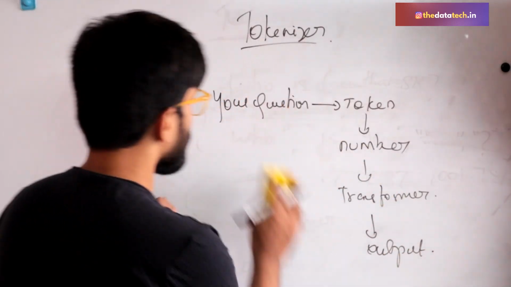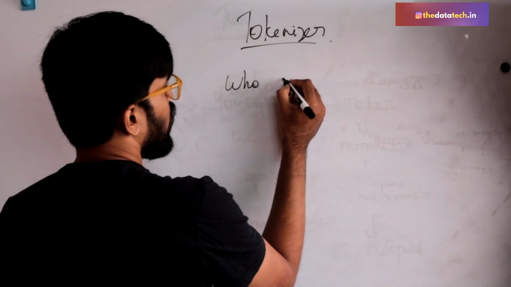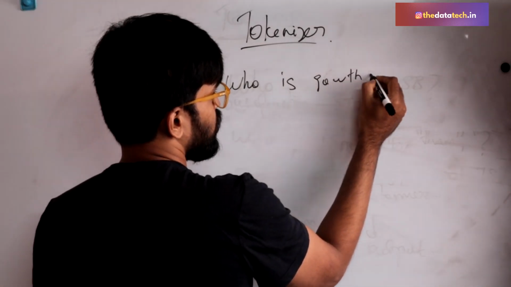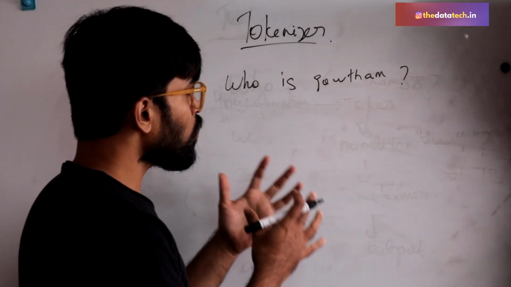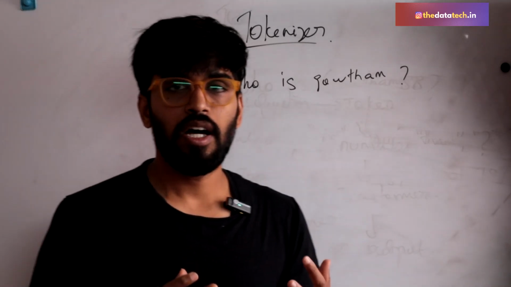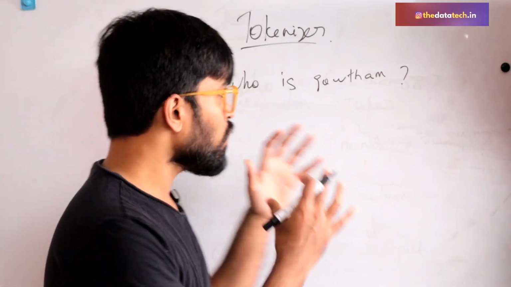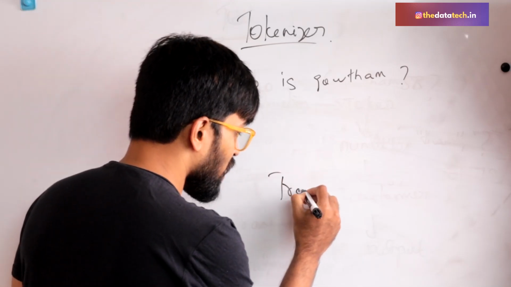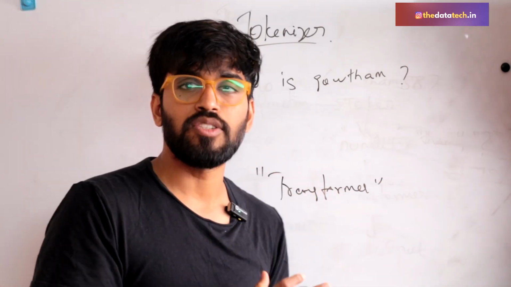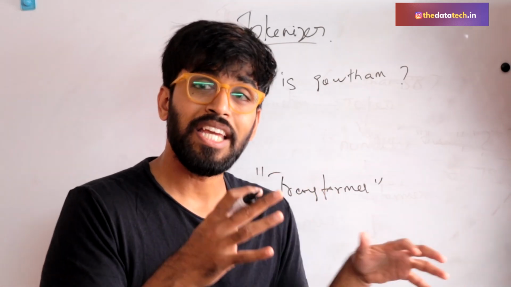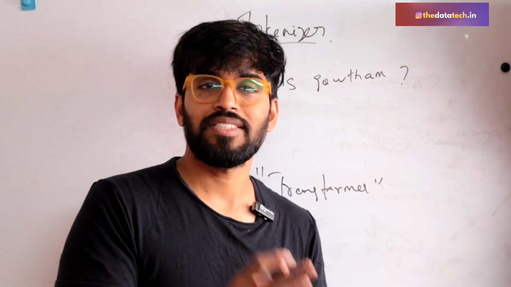Now what exactly does the tokenizer do, which I already told you, like who is Gautam. Even before getting into this, how does the tokenizer identify the word and assign numbers to it? Even before training your transformer model, you are supposed to train this model, but even before training the transformer, you have to train your tokens, that is the words.